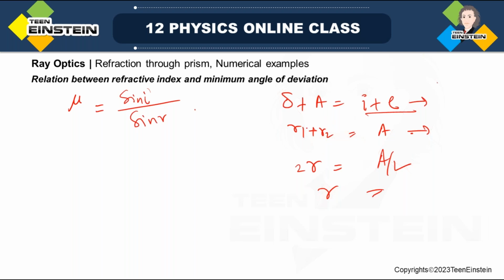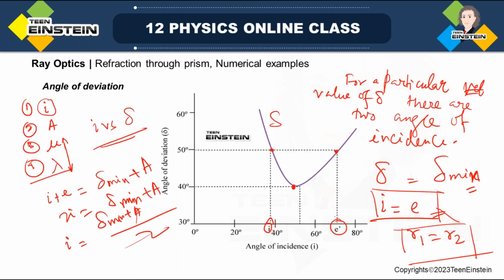So r will be, since R1 and R2 are equal at minimum angle of deviation, r is equal to A by 2. So we have got i and r. So i is delta minimum plus A by 2, this one.